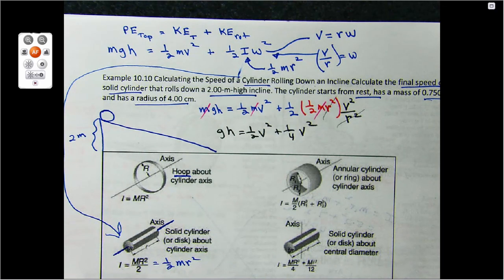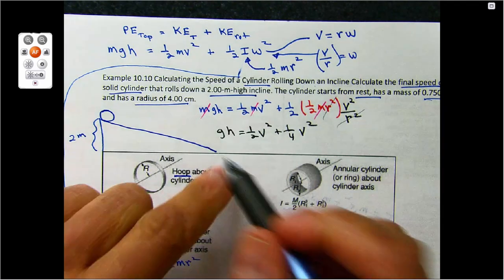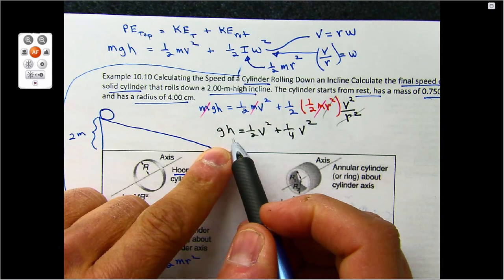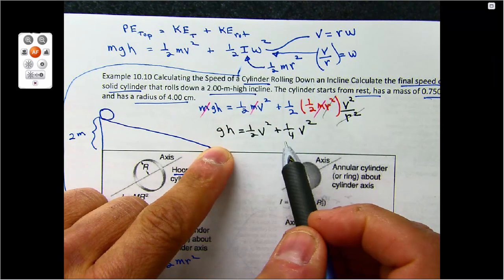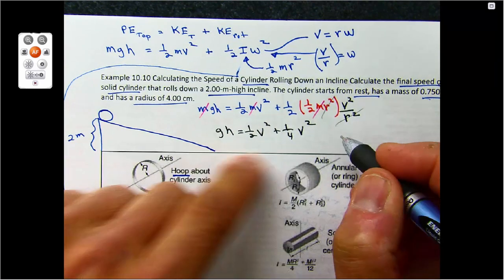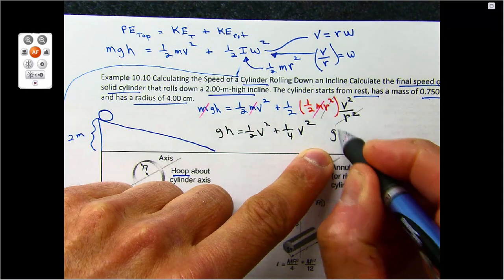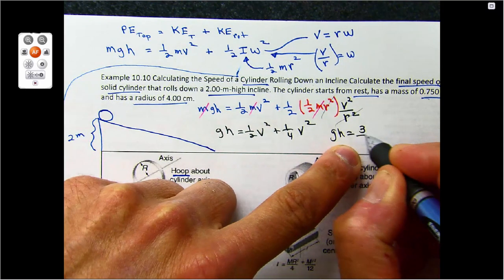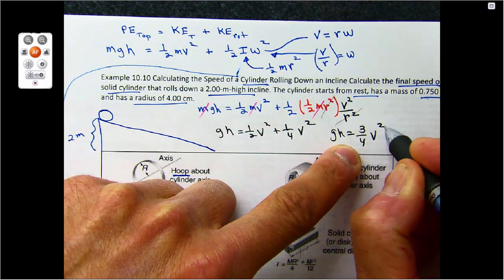Because I got to solve that for V. We're going to solve that for V, and we don't have it on this side. So 1/2 plus 1/4 is going to be 3/4. So we have GH equals 3/4 V squared.